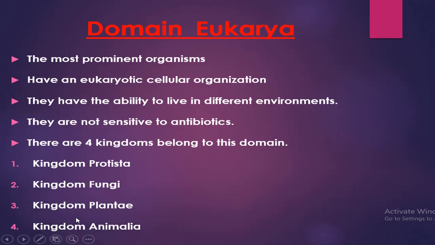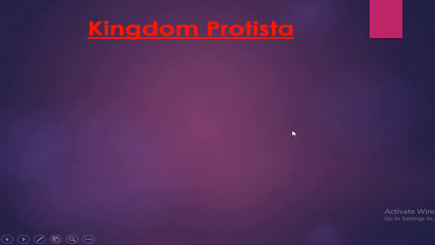Fourth is kingdom Animalia. Those are the four kingdoms that belong to the domain Eukarya. Let's go on to learn about kingdom Protista.